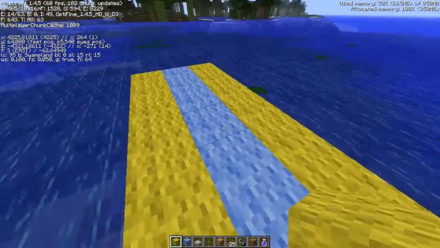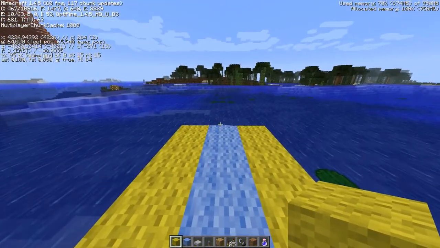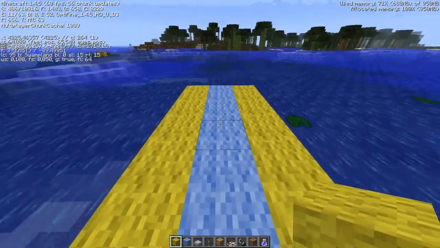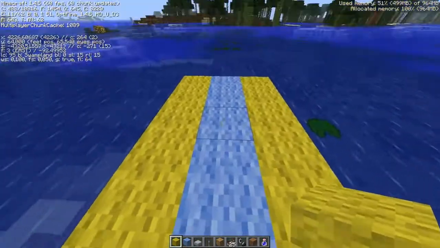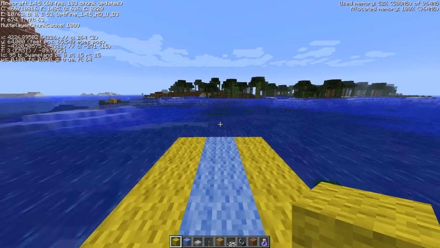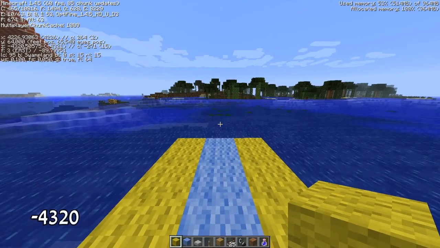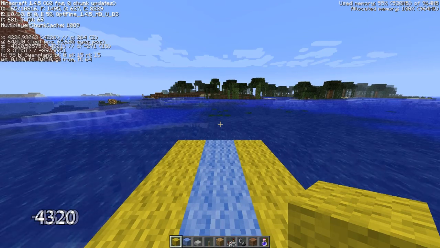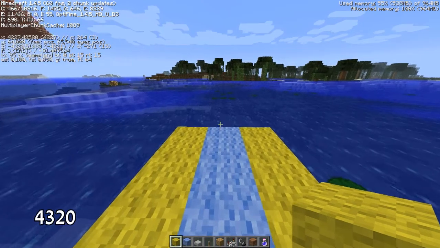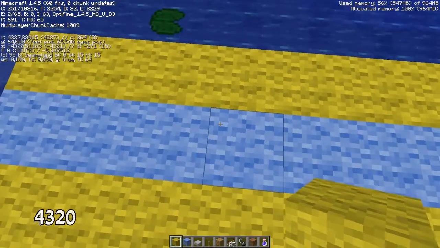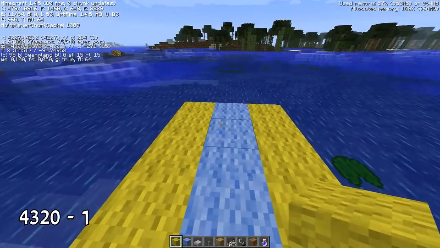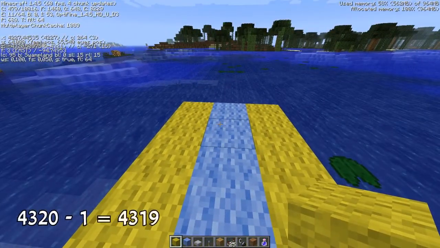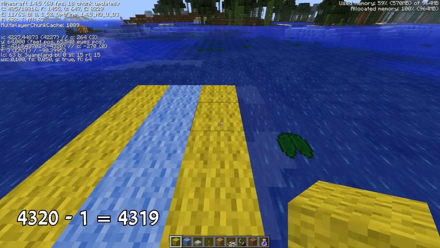To be able to tell which line it is, you just take the number of the blue row of blocks here, which is 4,320. You kind of ignore that it's a negative number right now and just do minus 1 and you'll get the chunk border. So minus 1 will be 4,319.